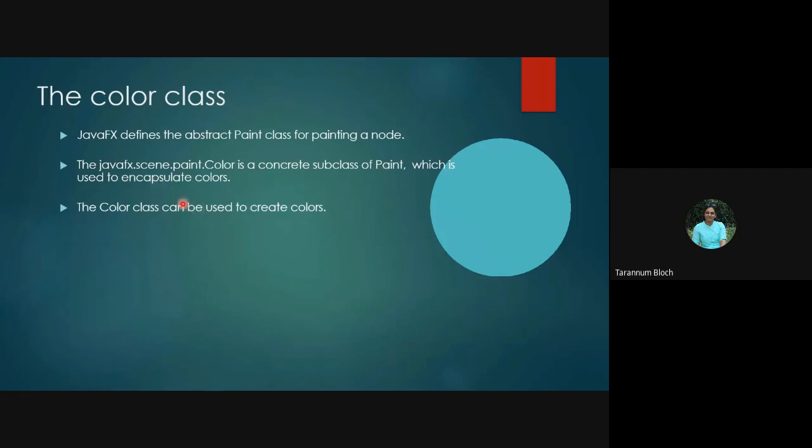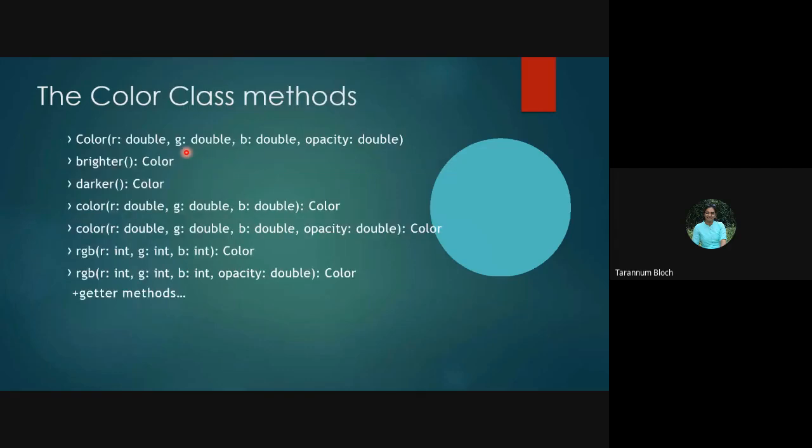The Color class can also be used to create colors. Sometimes you want to go with a new mixing color, and you can go with the Color class. So here you can do things with the colors. There are various color properties such as R, G and B, that is red, green and blue, right? And there's a property of the color which is known as opacity.